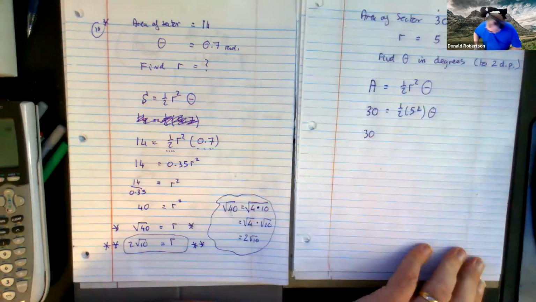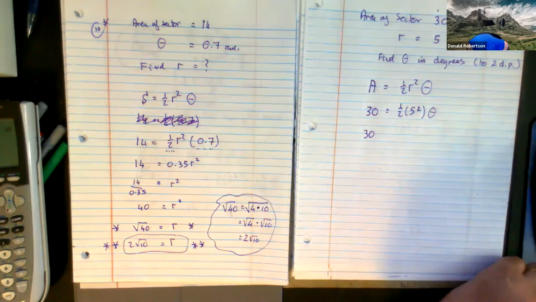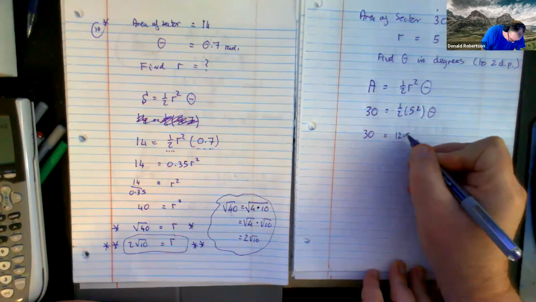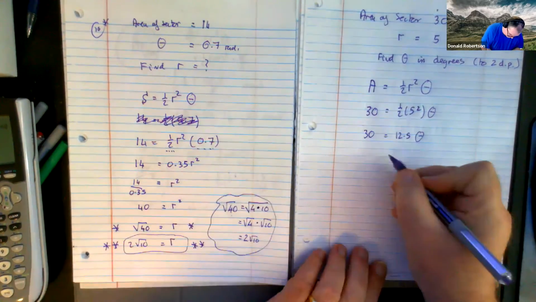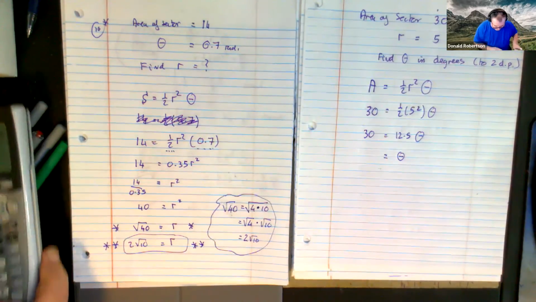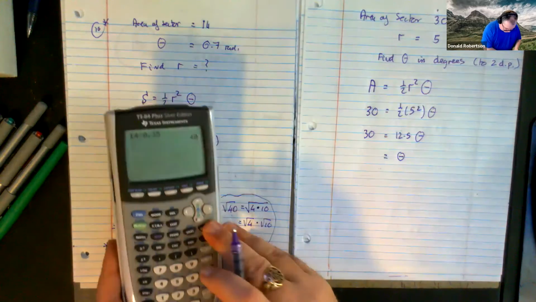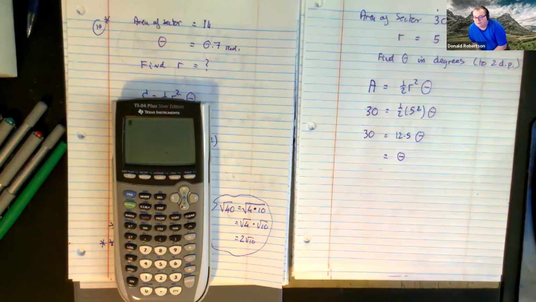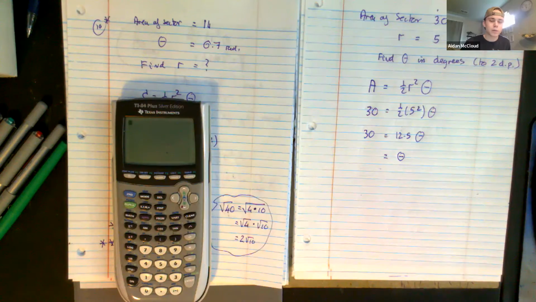So it's going to be half of 25, so what's that? 12.5 theta. Actually, you might not need 2 decimal places now. We'll see. What would I do to both sides to find theta? Don't overthink it. It's pretty straightforward. What should I do? Divide by 12.5.